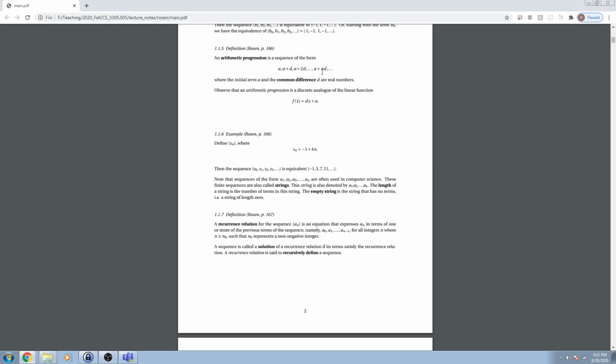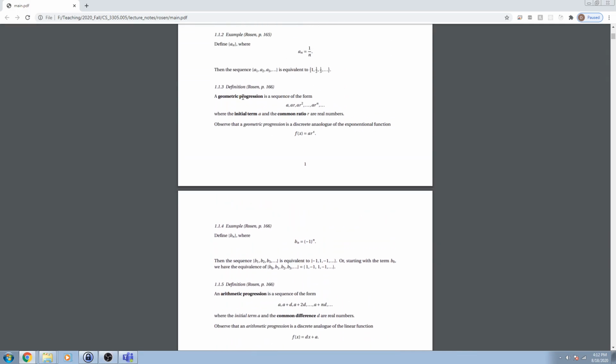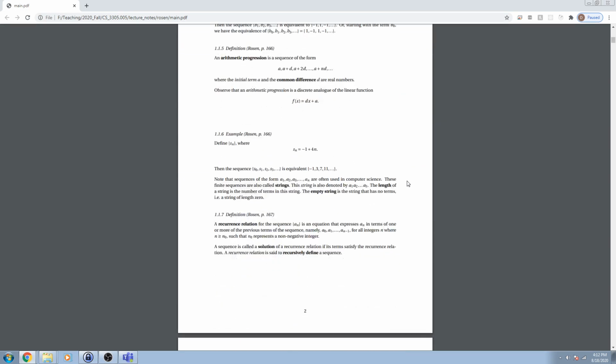So if you only chose the x's to be integers, then you would end up with an arithmetic progression. It's something you're already familiar with, but we've gone back and added these definitions to make it a little more confusing and seem a little more foreign. But you've been dealing with this since like 7th grade. So don't sweat too much about arithmetic progressions or geometric progressions.